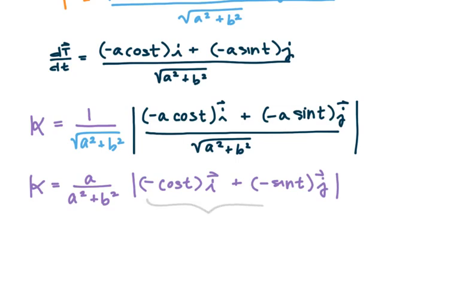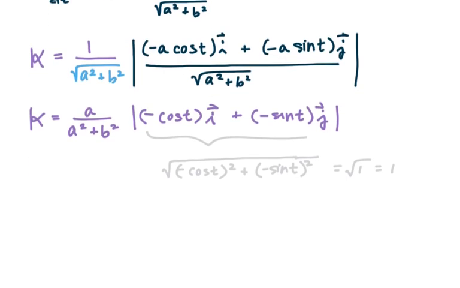And of course, the magnitude here is going to be the square root of negative cosine t quantity squared plus negative sine t quantity squared, which is the Pythagorean identity, which is the square root of 1, or 1. So my curvature, kappa, is a over a squared plus b squared.